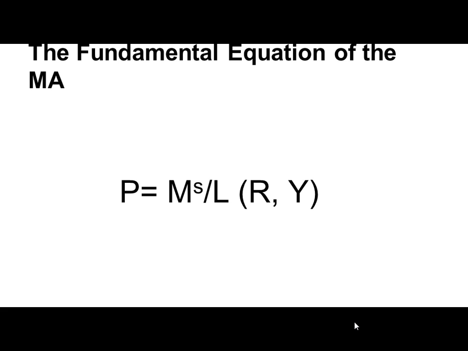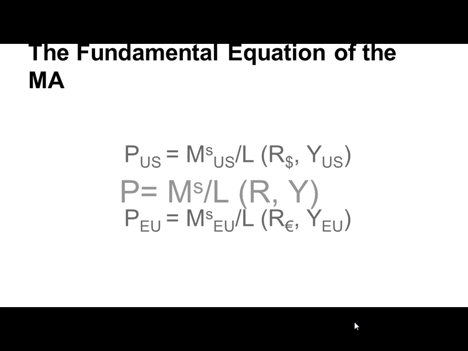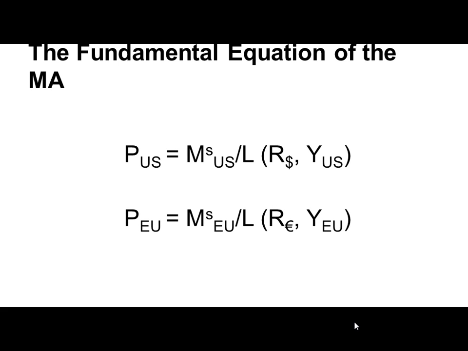This time we apply it to the United States and Europe. The price level in the United States is equal to the money supply in the United States divided by the money demand in the United States, and Europe as well. Please remember these equations. These are the fundamental equations in this topic.